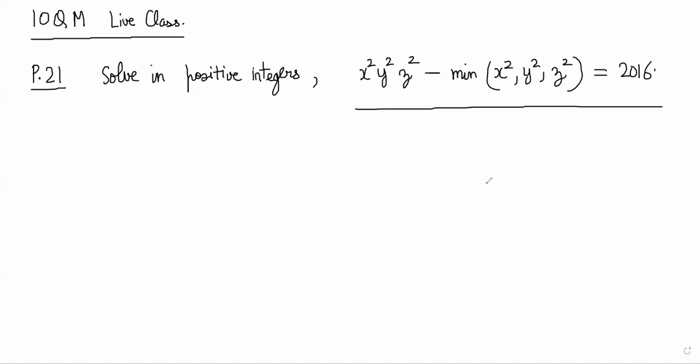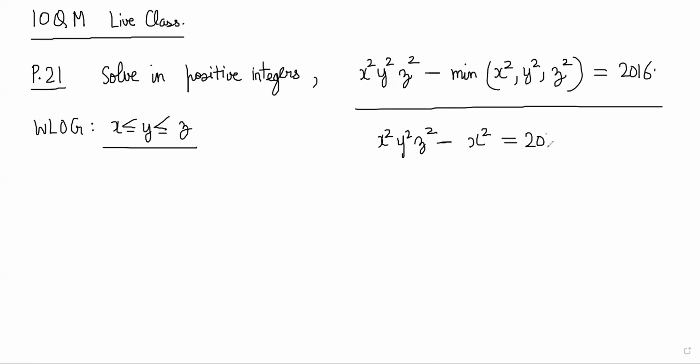Is anybody getting anything? First of all, you can say here without loss of generality, you can assume that the order of x, y, and z is like this. So we are saying that x is the minimum. So the equation in that case becomes x square y square z square minus x square is equal to 2016.